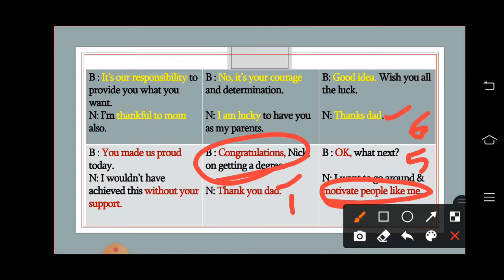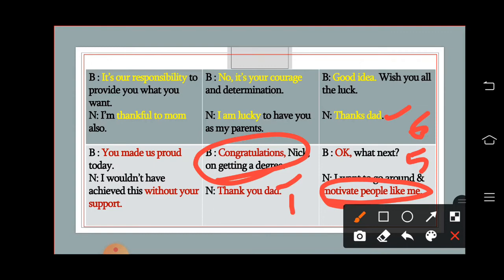Congratulations, Nick, on getting a degree. Thank you, Dad. So when Nick says thank you, definitely the next line would be spoken by his father, right? So let us think of the situation now. What is the situation? Nick getting a degree and Nick's father congratulating him.